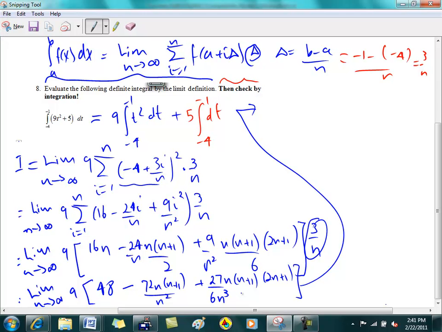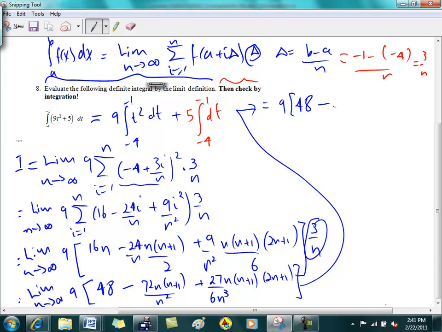Okay. So the limit definitions that we want as n goes to infinity are going to look at the degree of the numerator versus the degree of the denominator. So the first one, it becomes straight 48. So this guy becomes equal to 9 times 48. The next one, the highest degree upstairs is n squared. Downstairs is n squared as well. So that doesn't change anything.